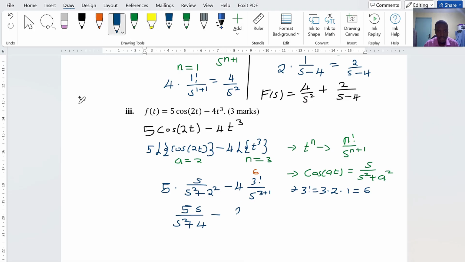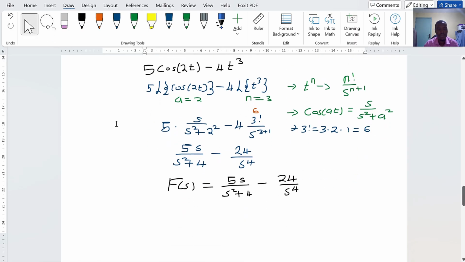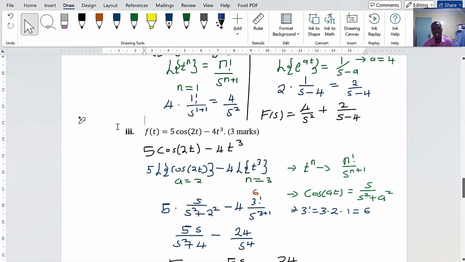So it means we have 24 over s power 4. So our Laplace transform F of s will be 5s over s squared plus 4 minus 24 over s power 4. So that marks the end of revision 1.